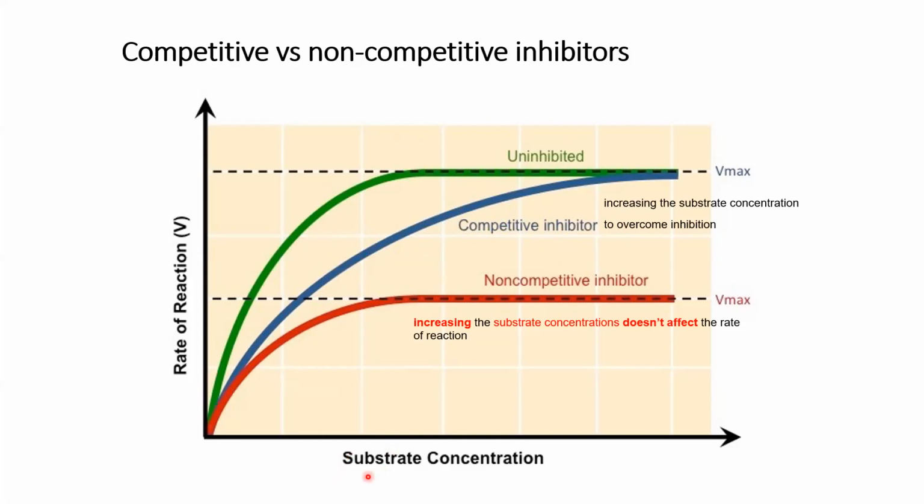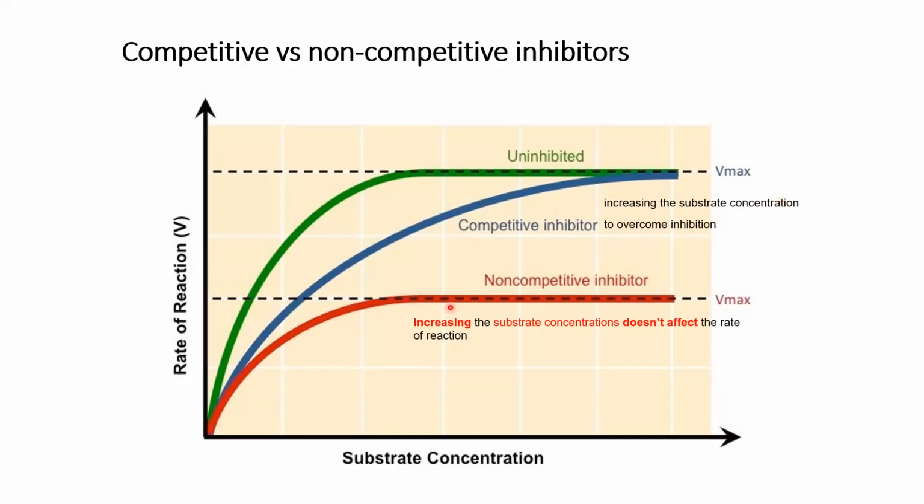But as you add more substrate, the rate of reaction will also increase, but at a slower rate. It will reach the same maximum velocity as the natural reaction without the inhibitors. So this is how you overcome competitive inhibitors, by increasing the substrate concentration.